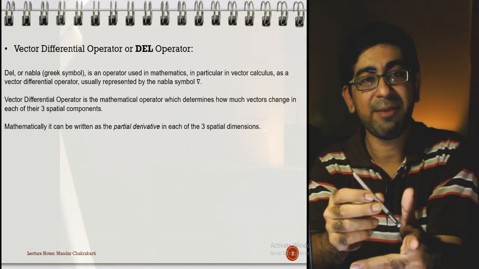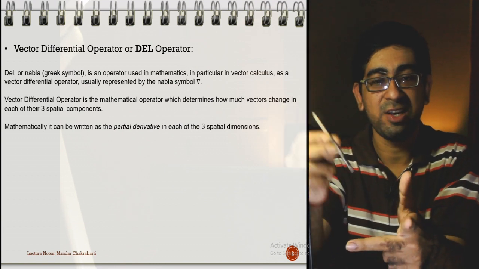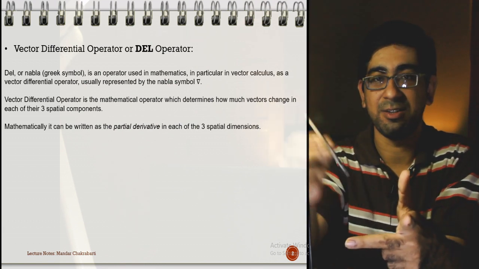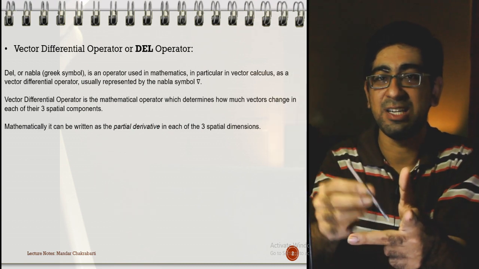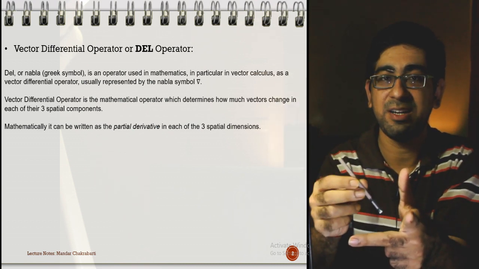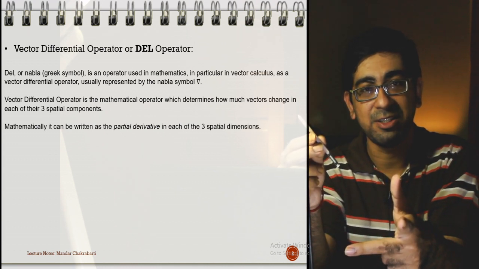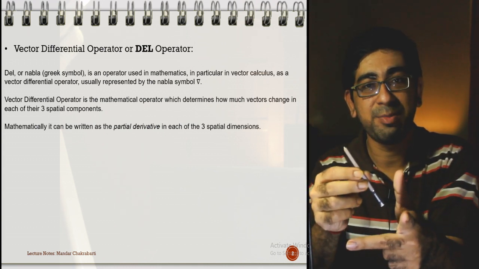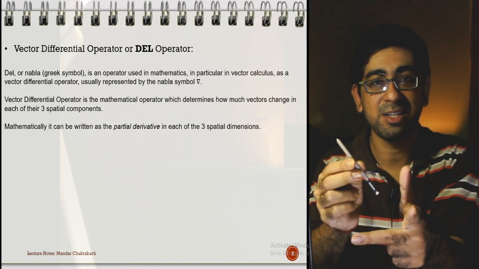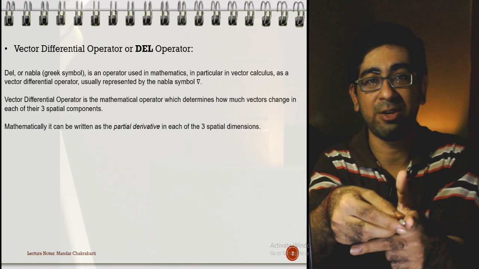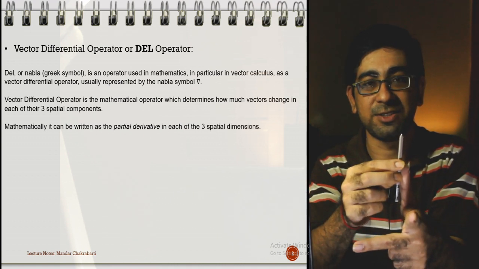So this three-dimensional vector, as it is moving along in space in this direction, remember vectors have a direction and we are dealing with movement for a vector. So as this vector is moving along this direction, this vector must be changing in value with respect to this axis, it must be changing in value with respect to this axis, and it must be changing in value with respect to this axis.